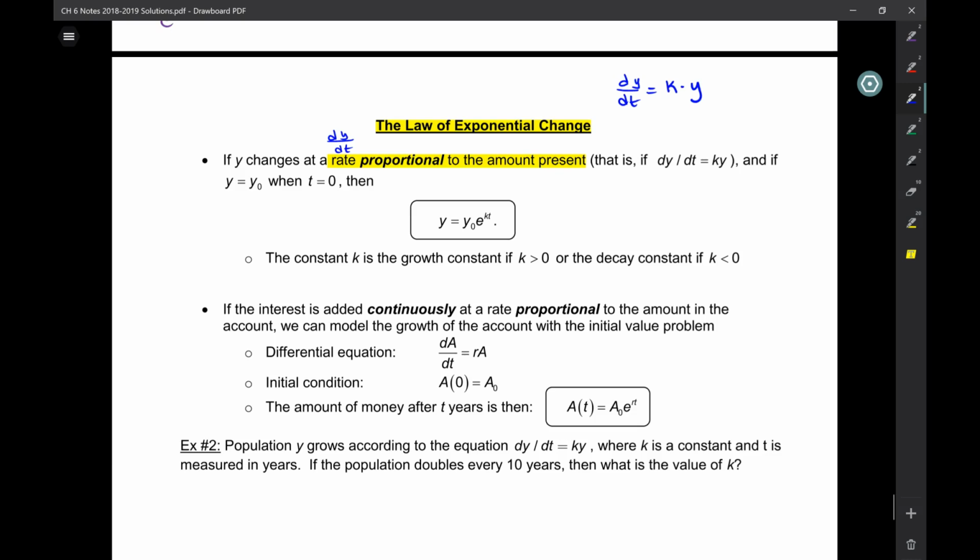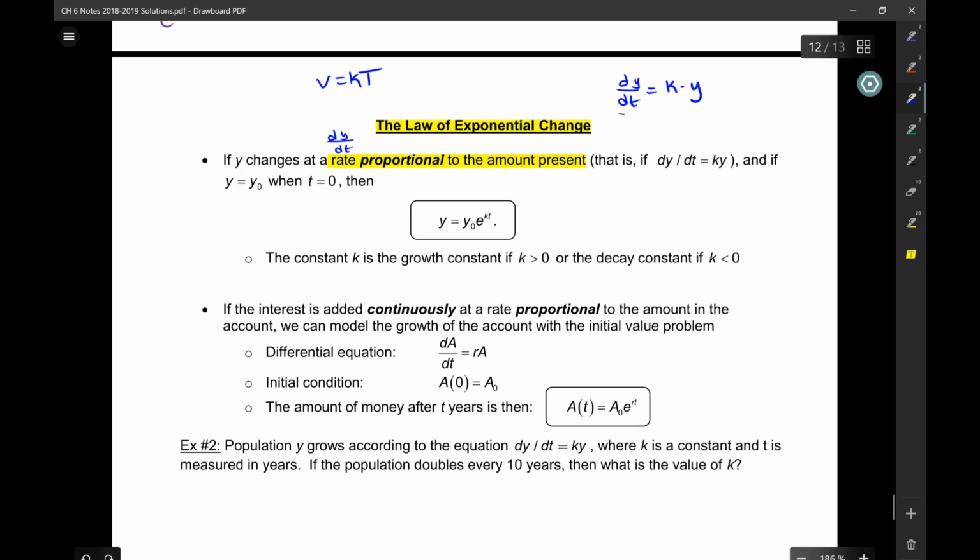The most common place where you see this is the gas laws in chemistry, right? PV equals nRT, Charles' law, Boyle's law. For example, temperature and volume are directly proportional. When the temperature goes up, it expands, so the volume expands. So V is equal to kT. This rate is directly proportional to the y.